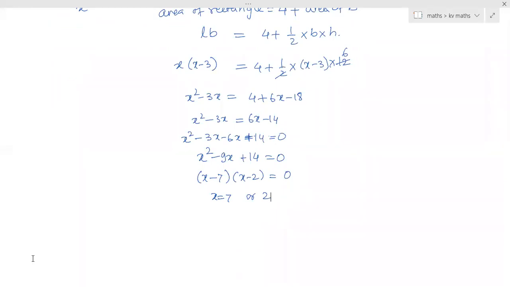How many questions are there? No, all the questions is not possible. Only CBSE and exemplar questions. 42 questions are there totally. Out of that, only CBSE and exemplar questions. Clear? Yes, ma'am. By tomorrow.